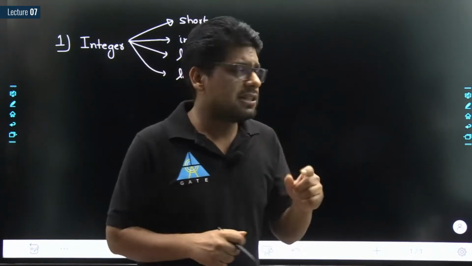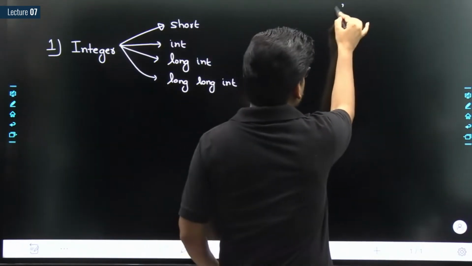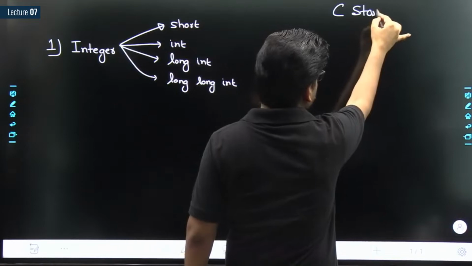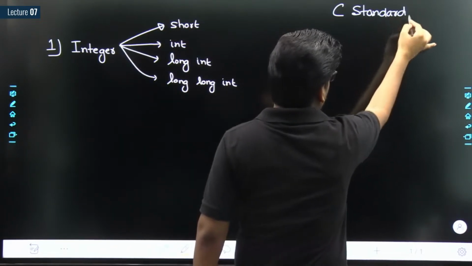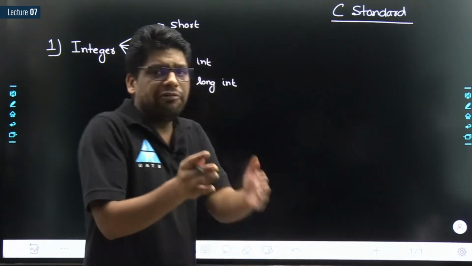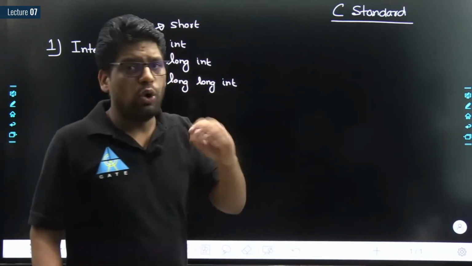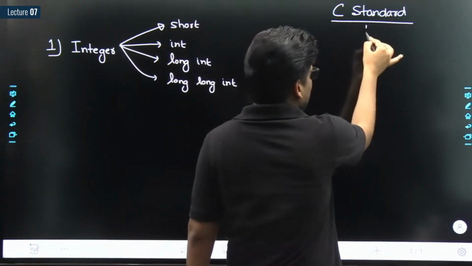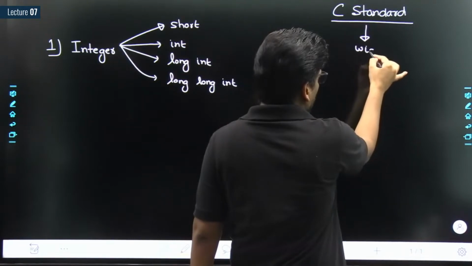That means, sir, does the C standard say anything about how much the width of a data type should be? No. The C standard doesn't say anything about the width of a data type.